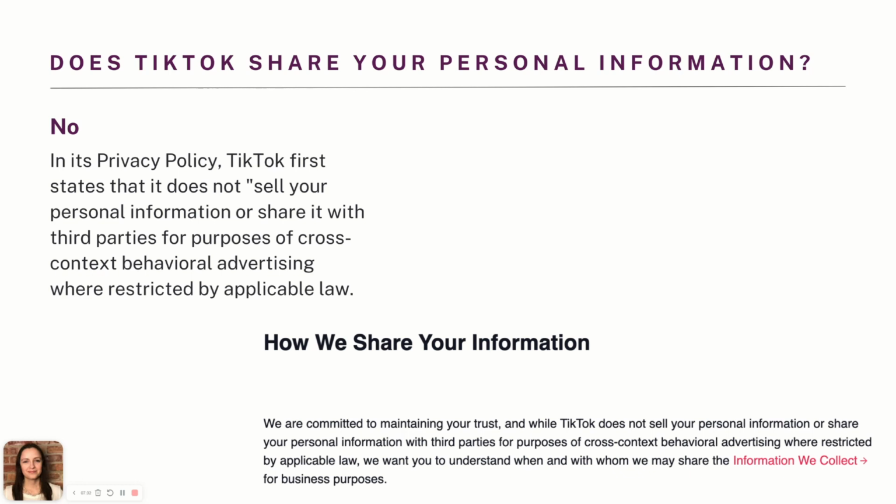And many people think that TikTok shares information, right? So reading their privacy policy, this is really interesting. They say how we share your information.